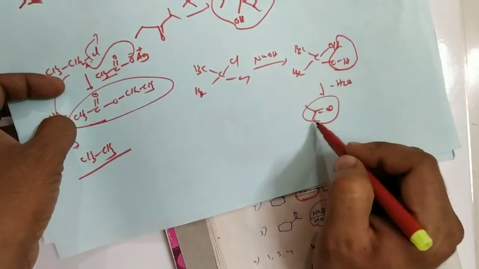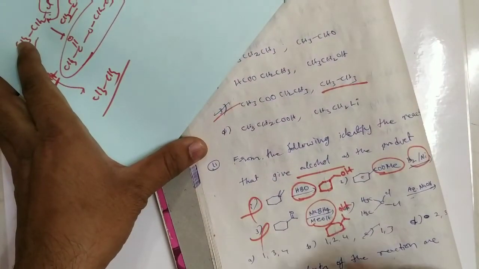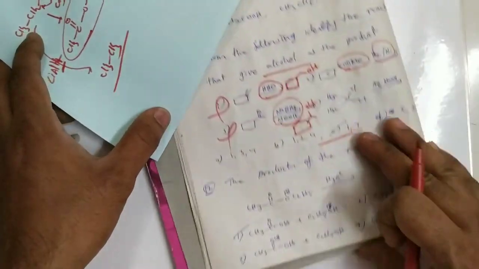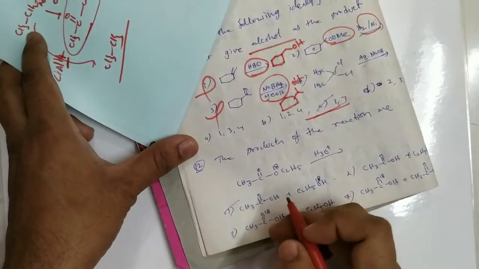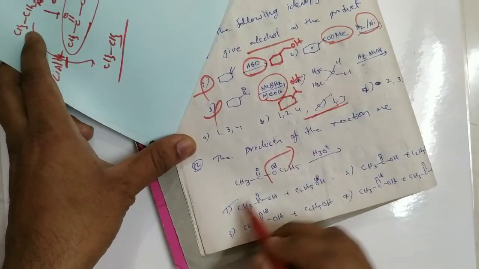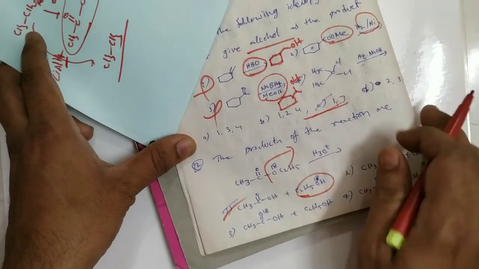So we will get the ketone. It's not an alcohol. So options 1 and 3 are correct, that means option C is the correct one. And next, the 12th one: the products of the reaction are, we discussed this reaction. This is the leaving group. So isotopic oxygen is present in ethyl alcohol. So one option is correct.